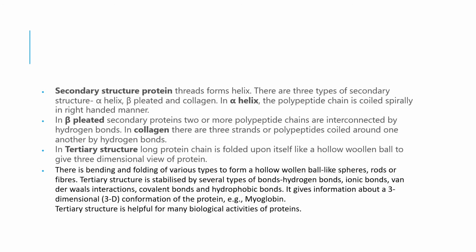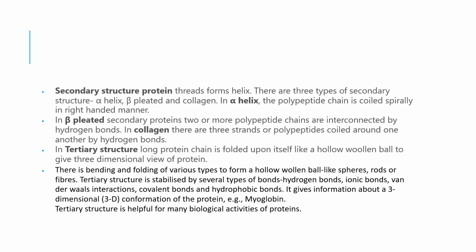And the tertiary structure: these are long protein chains folded upon themselves like a hollow woolen ball, to give a three-dimensional view of the protein. There is bending and folding of various types to form hollow woolen ball-like spheres, rods or fibers.